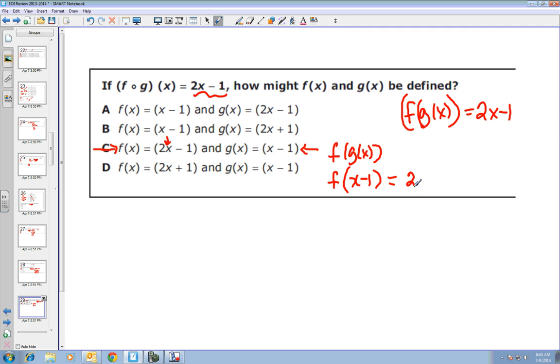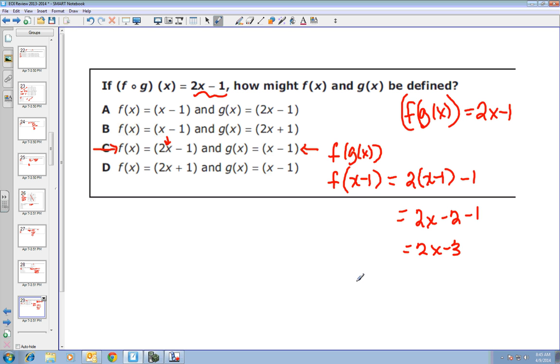So I have 2 times x minus 1 minus 1. So I get 2x minus 2 minus 1. So I get 2x minus 3. Is that what I want? No, but I'm really, really close.